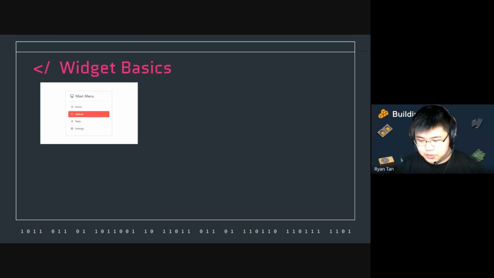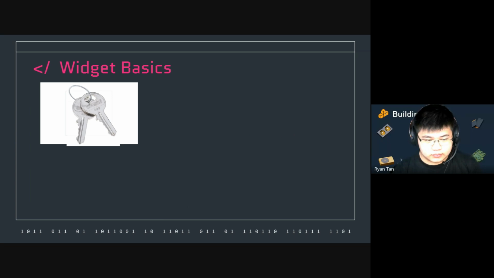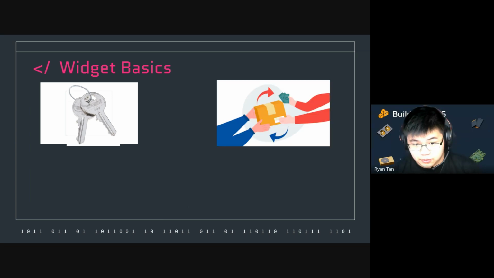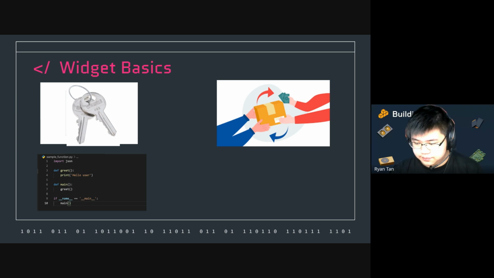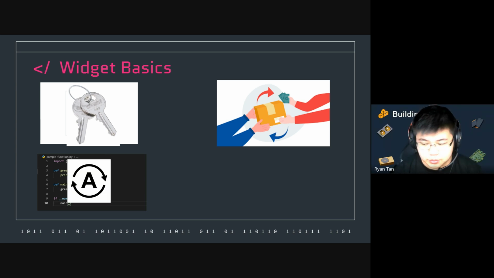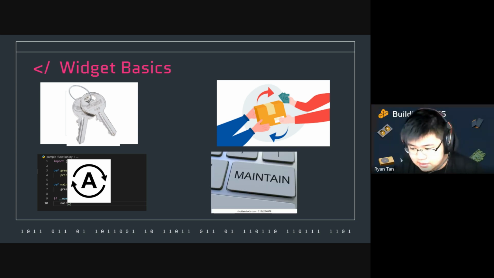So let's learn how a widget works. A widget has a unique key, and it returns a value when you interact with it, and it triggers a script rerun on change. That means when something changes, like a user input, a setting, or a file update, the script runs again automatically, and it maintains state between reruns, meaning it keeps data or settings even when the script runs again.